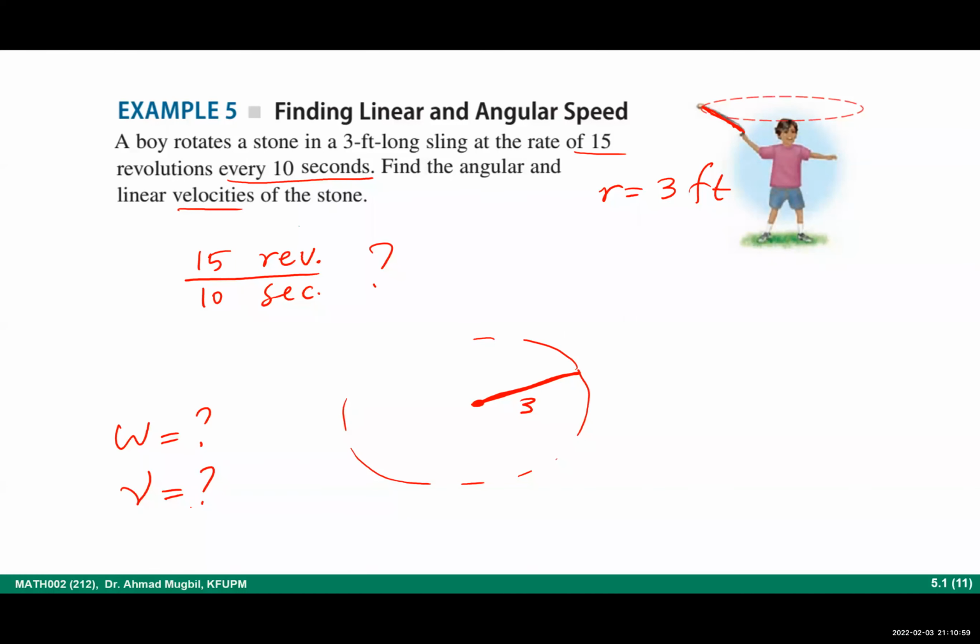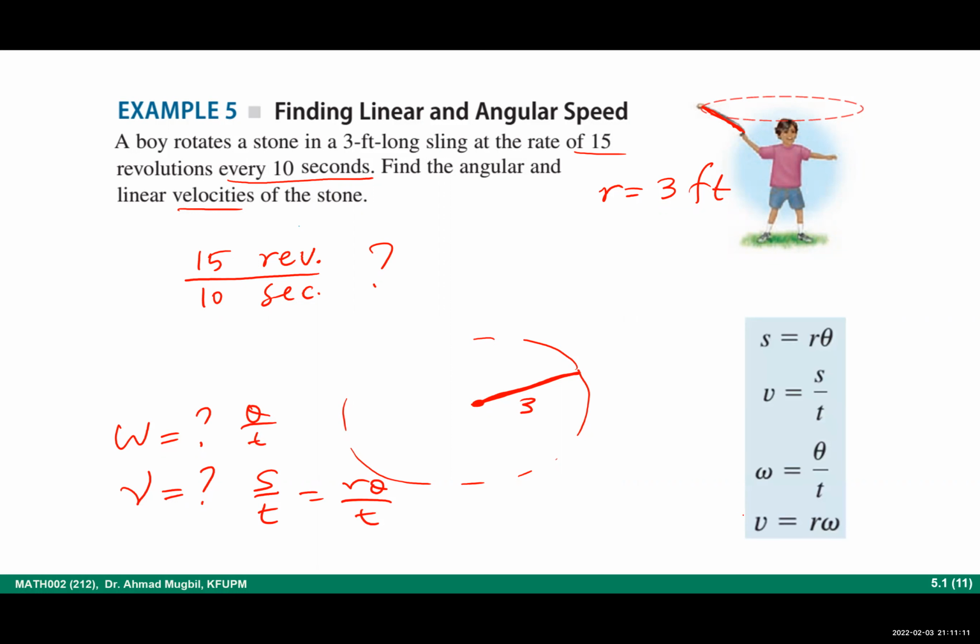What is the v or nu? To do that, you know that v is s over t. To find s, you need r theta over t. To find omega, you need theta over t. You need to remember your tools. These 4 formulas that we have here are our main tools in this section. You need to think about these quantities and to find them. But let's focus on this.